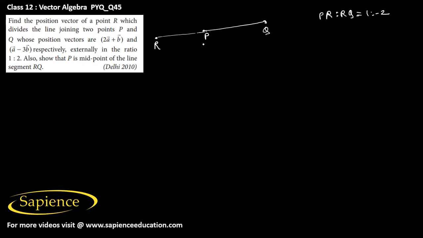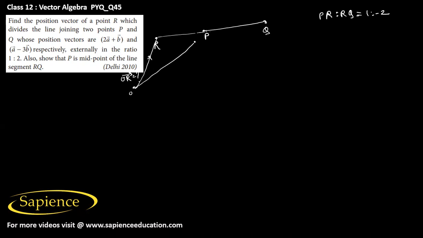Now, for the position vector of the point P, suppose here we have the origin, then this is your R vector. This is the position vector of the point R, which is OR vector, which we need to find.